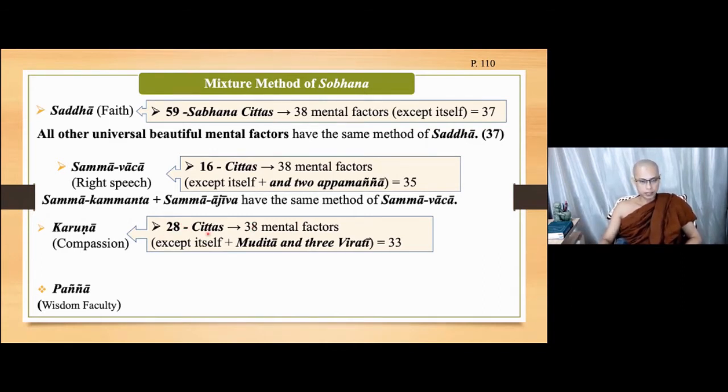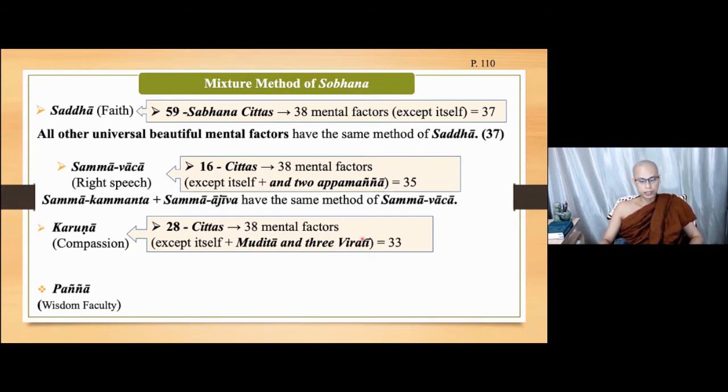Altogether 28 Chitta arise with Karuna. Then 38 mental factors, because there is great wholesome consciousness there. If we take out Karuna, and also at the time of compassion, appreciative joy, Mudita, cannot arise at the same time. That's why Mudita also becomes an exception.